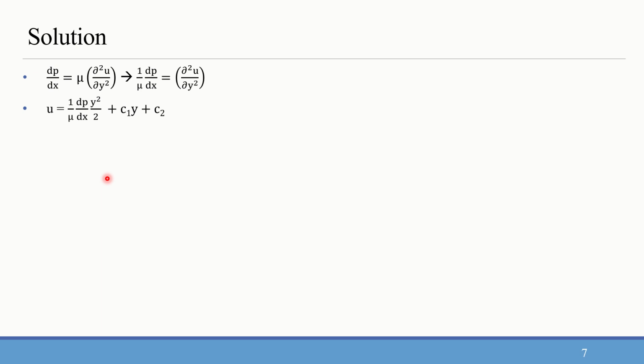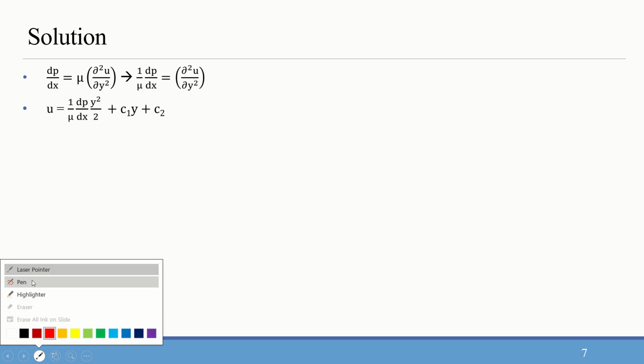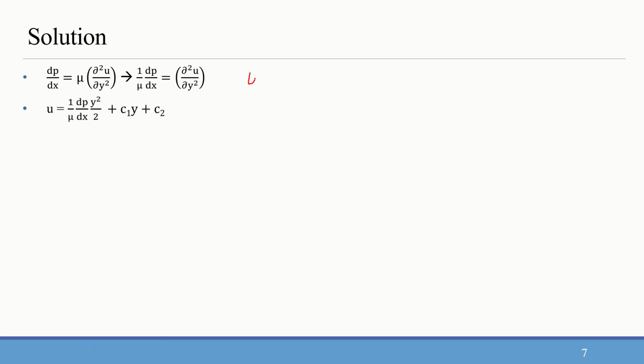So what happens when we integrate it twice? On first integration it becomes du by dy equal to 1 by mu dp by dx.